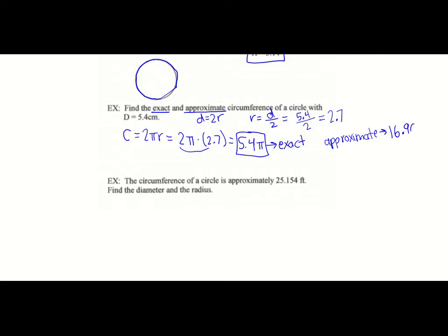I'm going to round to 2 decimal places, and that is my approximate. Because I have to round. Over here I didn't have to round with pi. My approximate means I'm rounding to the nearest value of pi. Okay, so let's look at our next one.